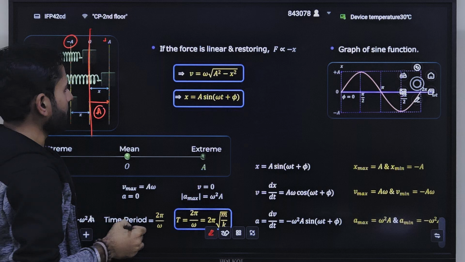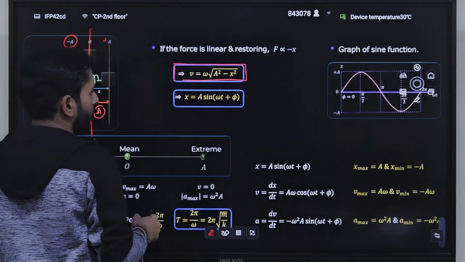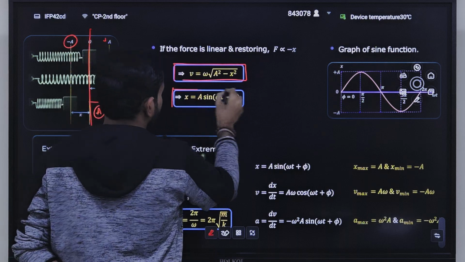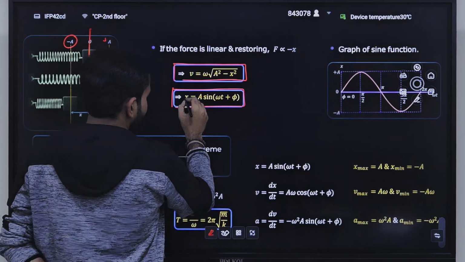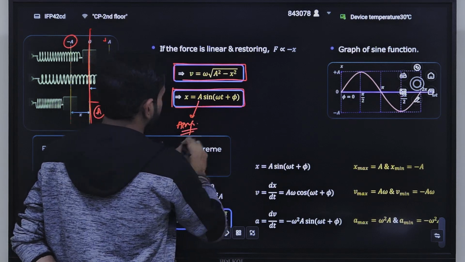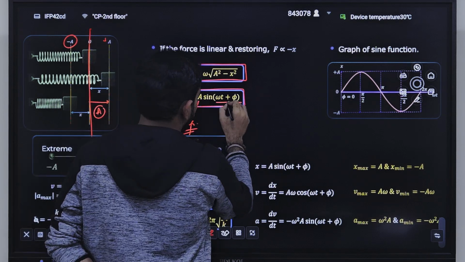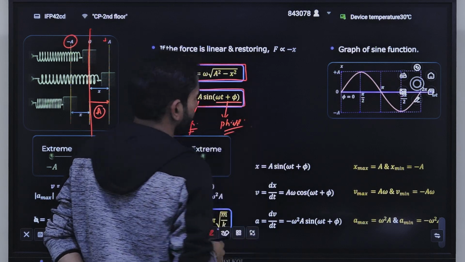The general formula for velocity is omega root under A square minus x square. The general equation of SHM is x equals A sin(omega t plus phi). Now what are these terms? x is the position, A is the amplitude, and omega t plus phi is the phase. Correct?